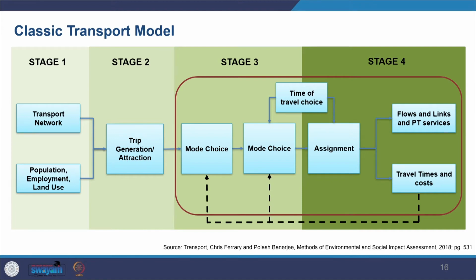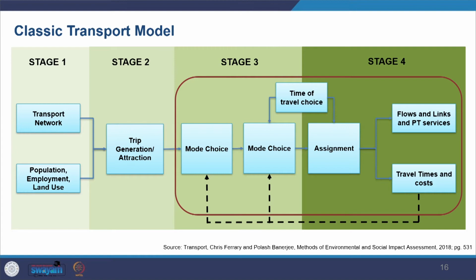And then in stage 3, you have a distribution of origins and destinations, like from where people are originating when they're moving and where they are going to. Origin and destination is another key aspect which you take into consideration, as these input data are required for you to really understand the environmental aspect of this.